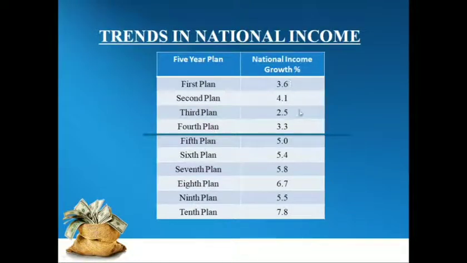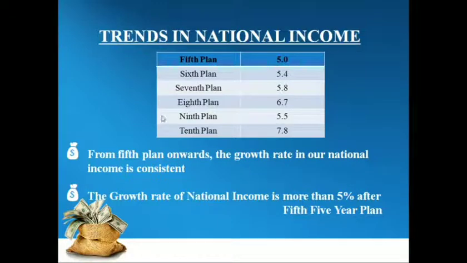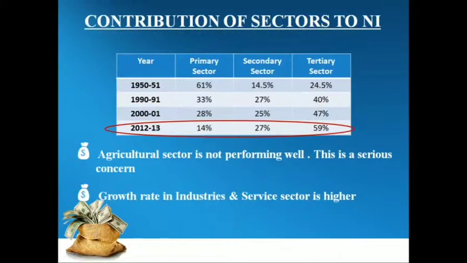However, the national income growth percentage is consistent, more than 5%, from the 5th 5-year plan to the 10th 5-year plan. So the growth rate in Indian national income is consistent, and it is more than 5% after the 5th 5-year plan. So this is the trend in national income in India.